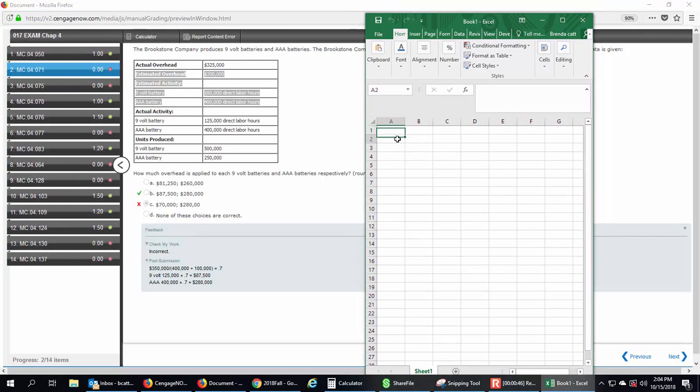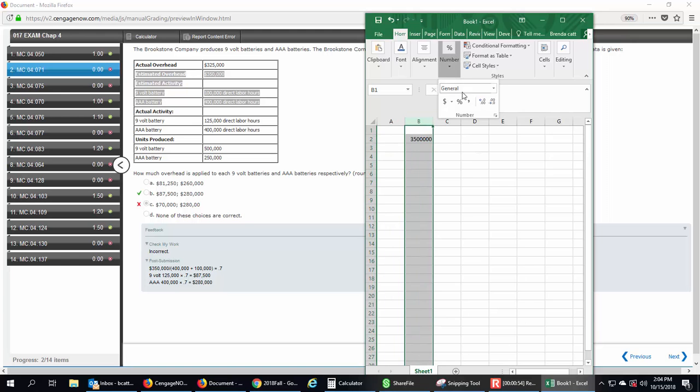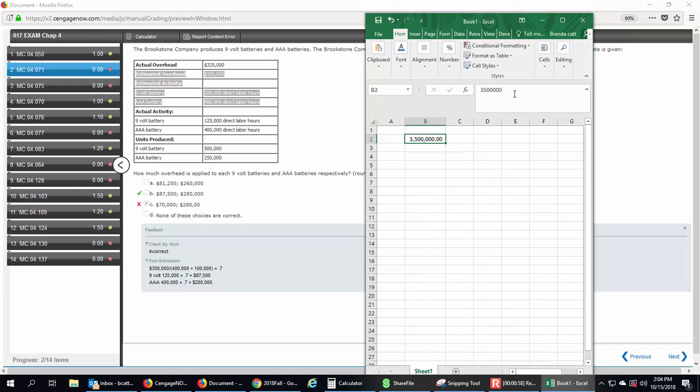Alright, so what we think is we're going to have overhead of 350,000. For some reason I always put too many zeros in when I'm in Excel, and I don't know why. 350,000 is our overhead. Plant-wide rate, so my total for the plant number of direct labor hours is 500,000.